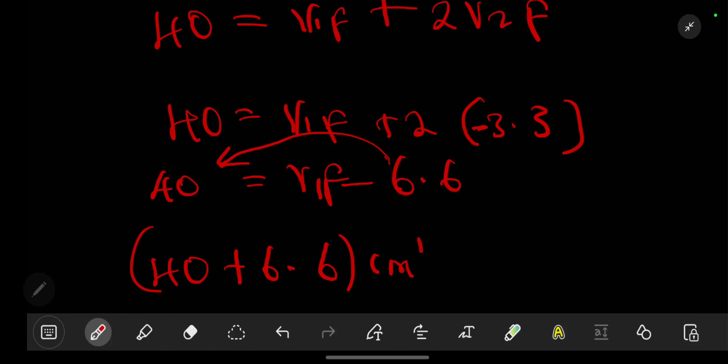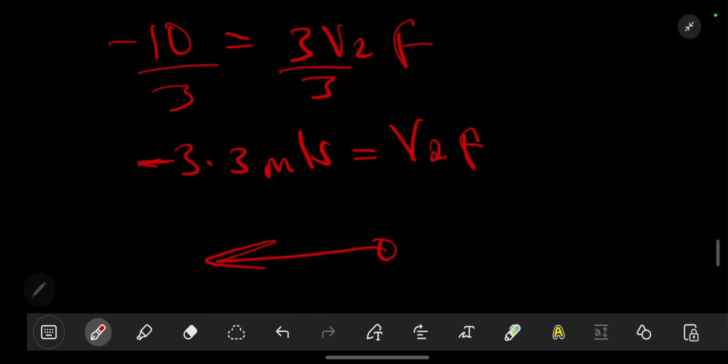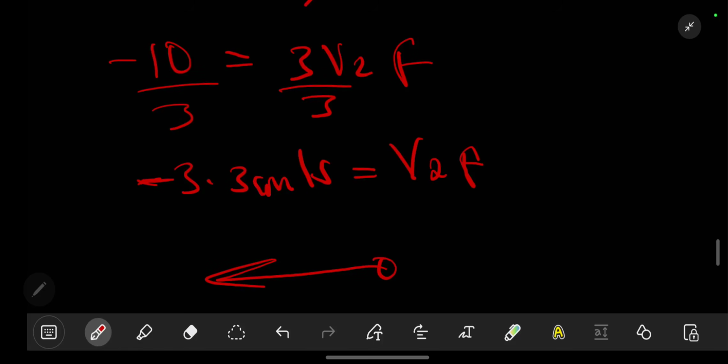It's in centimeters per second. Don't forget the units for V1 final, unless you are told that they want the SI units, that's when you can convert for that one. 46.6 if we add. What units have I put here? It's in centimeters.